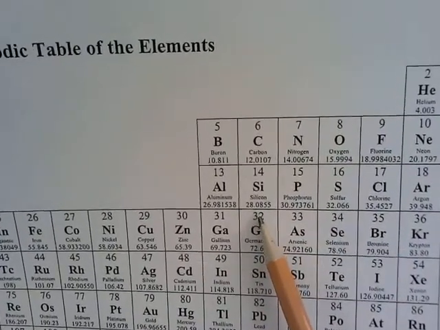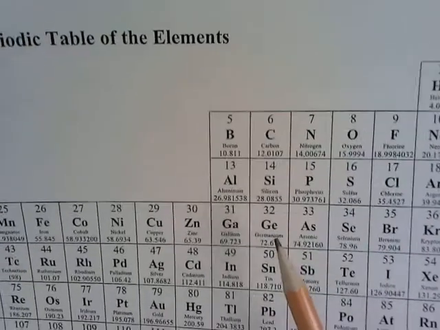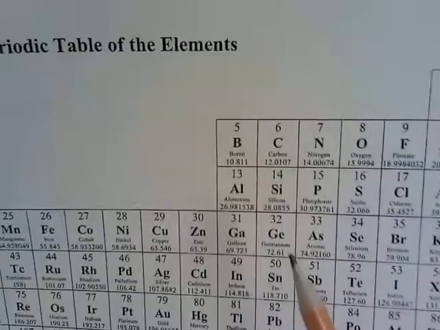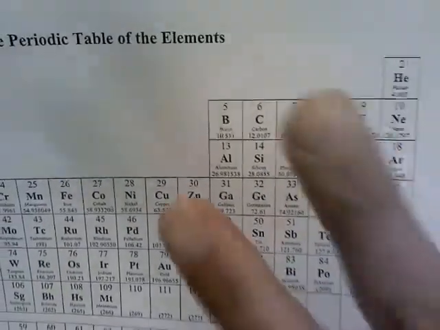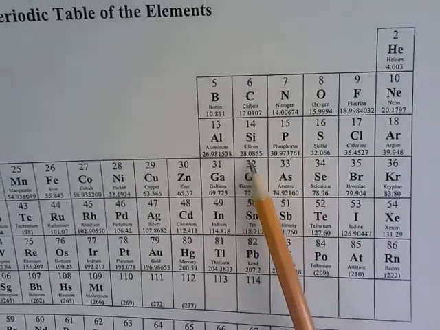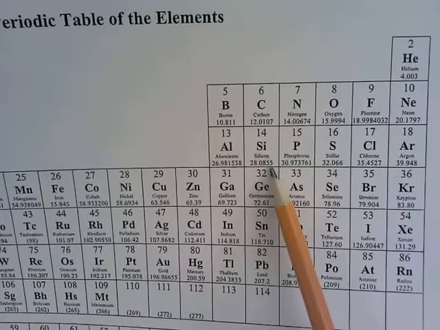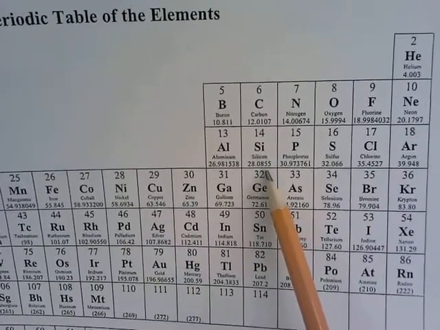It is listed at 28.0855. For us in this class, we want to round to 2 decimal places. So because we have 28.085, this 5 causes the 8 to round up.